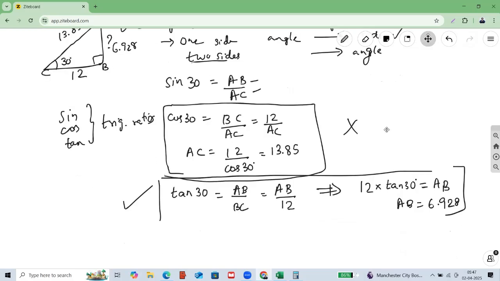Which trigonometric ratio is to be used? Okay. Now let's understand a few more examples of which trigonometric ratio to be used. Let's say I'm not going to write the degrees. I'm just going to give theta. Okay. Let me say this is 25 degrees, and let's say this is 11, and I'm supposed to find this.